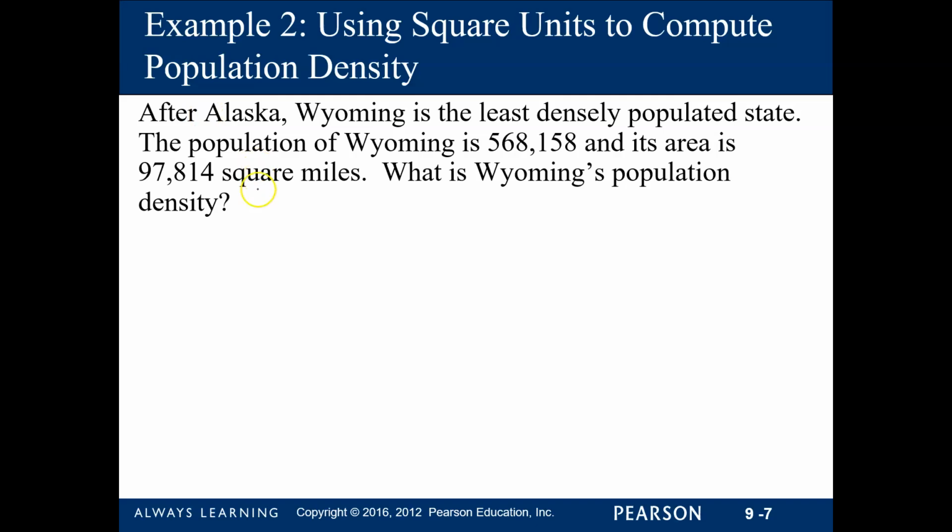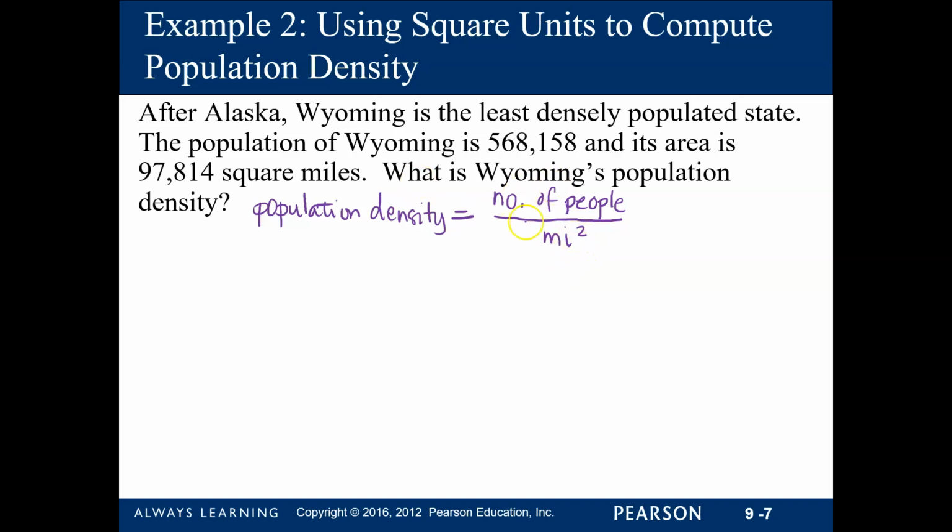Population density is going to be equal to the number of people occupying each square unit. So in this case, for every square mile, for every certain land area.